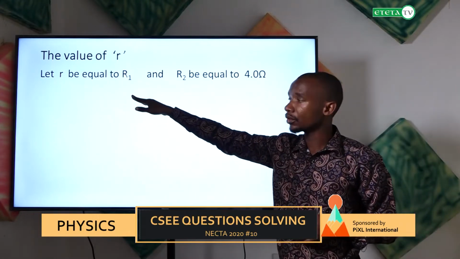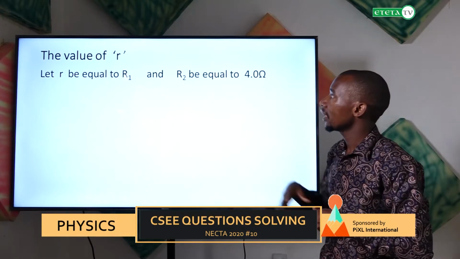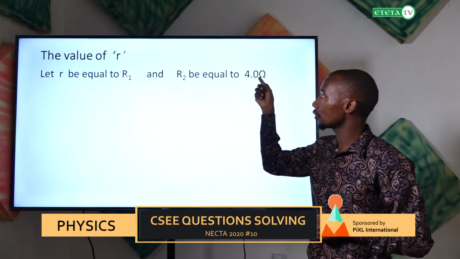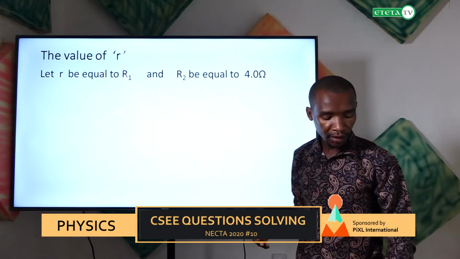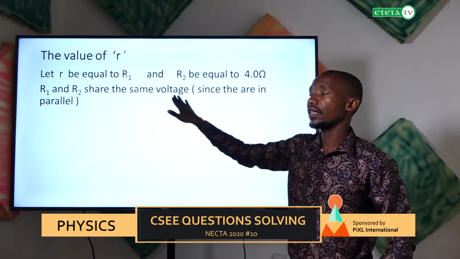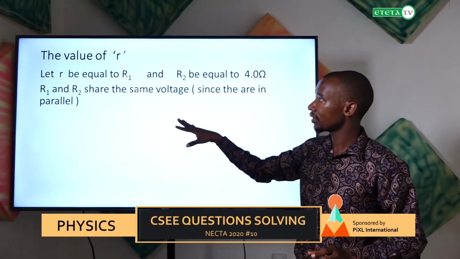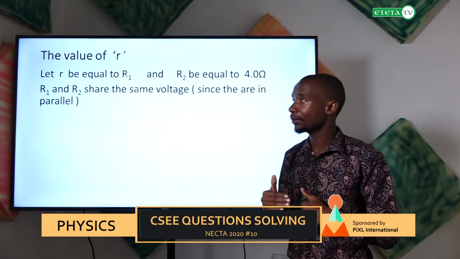So, in order to find the value of r, first of all, let r, which is unknown, which we are required to find, be equal to R1, and R2 be equal to 4.0. This was given. R1 and R2 share the same voltage because these two resistors are in parallel.